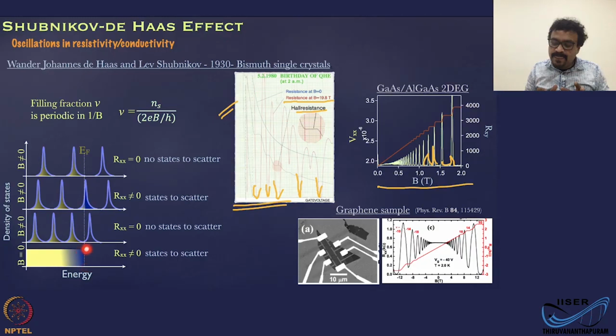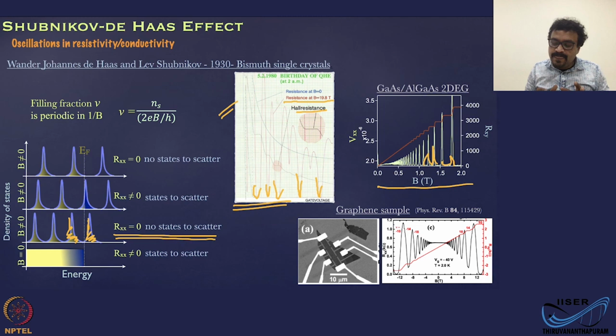There's a continuum state. They can actually backscatter and you will get a resistance. But here, the states are condensed onto these Landau levels, and this Landau level is outside. So these states are not accessible. This Landau level is full. So there are no states available for backscatter because those are already full. What that means is there are no states to backscatter. That means the resistance Rxx component will be 0.